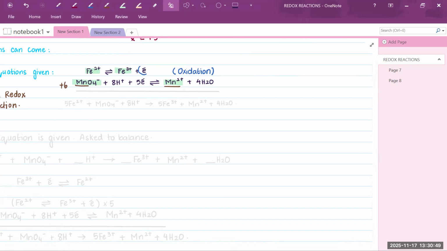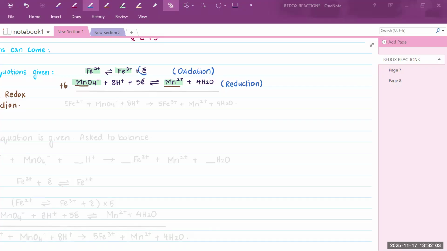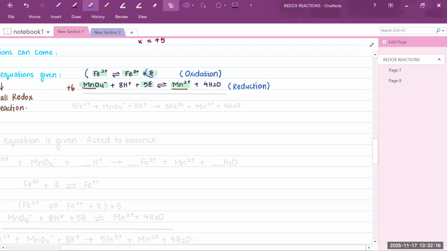So here we identified it as reduction. The second evidence is that we have electrons on the reactant side. That means it is a reduction. As I said earlier, the electrons on both sides should be balanced. We have one electron on the product side, and we have 5 electrons on the reactant side. So we'll have to multiply the overall equation by 5.